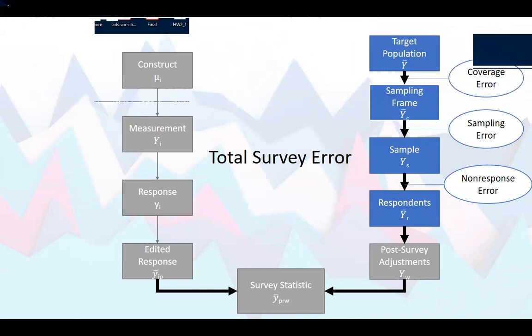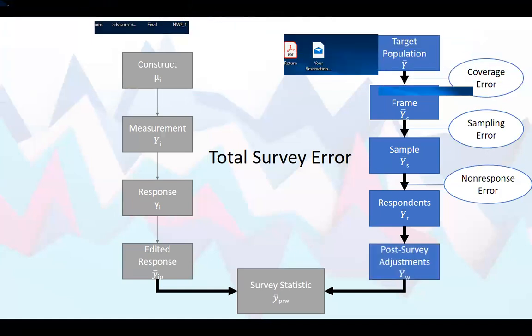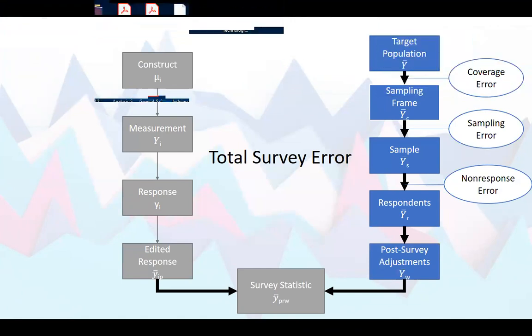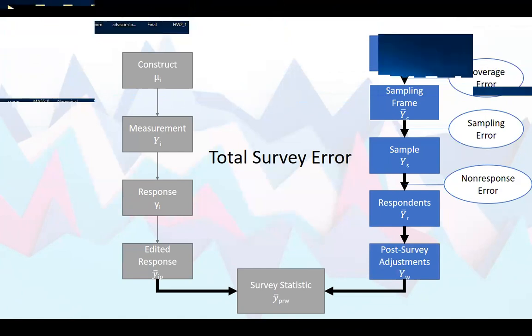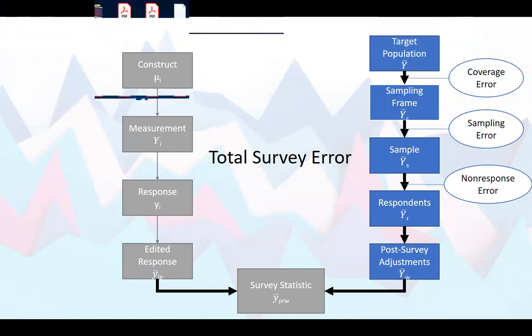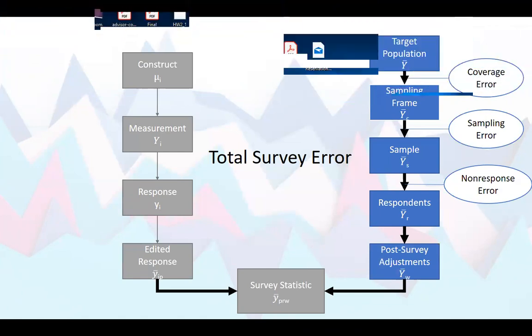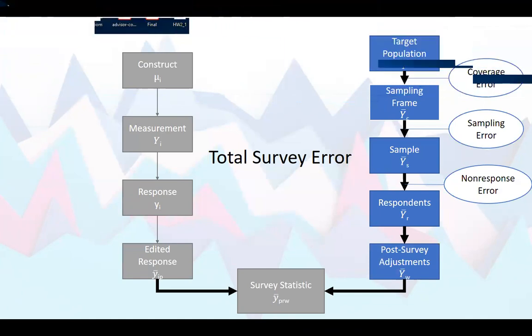Once you get the information from your respondents, sometimes it's not always in the form that you need it in order to do the analysis. People aren't computers. So people don't often feel comfortable or it's not appropriate to extract the information from them in a way that translates directly into a number.